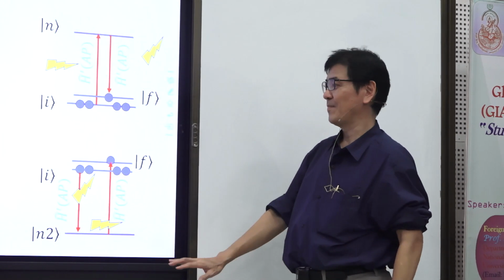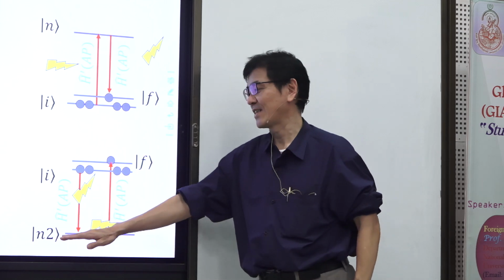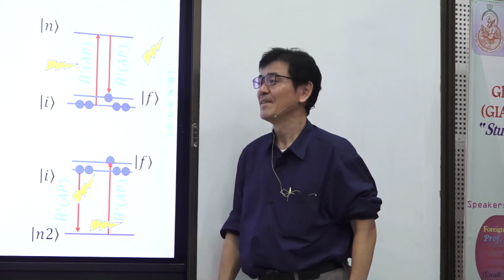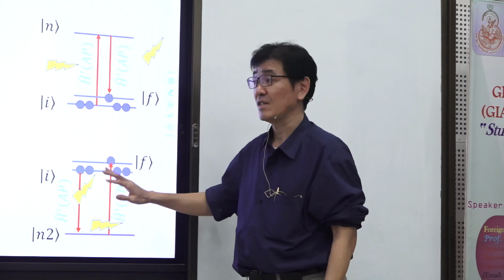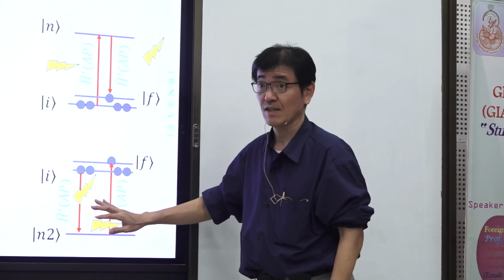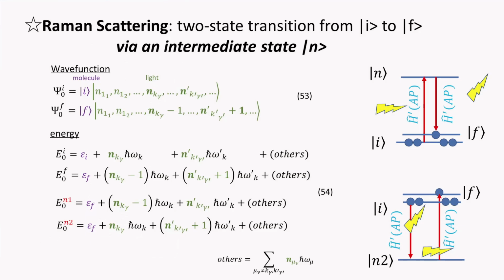I don't say you must find such a negative energy state. But according to this formulation, this is another possible pathway, and we cannot remove this possibility.